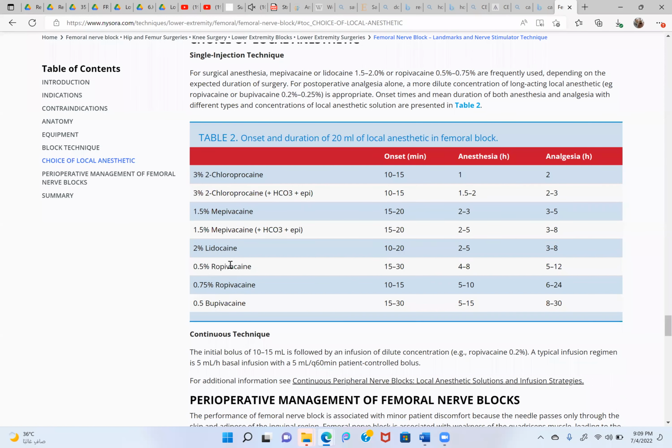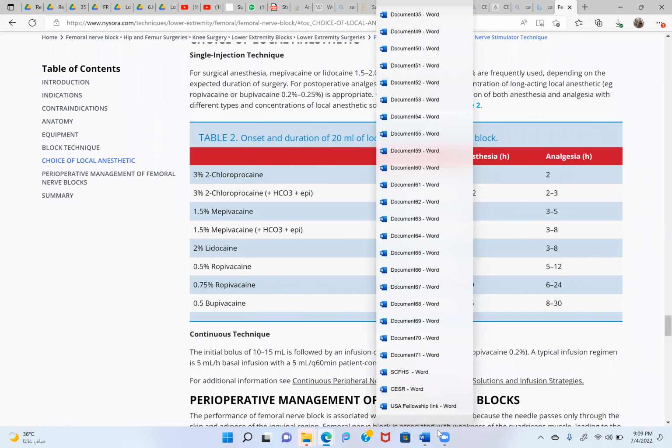What is the difference between ropivacaine and bupivacaine? They're structural isomers, but practically, what is the difference? Ropivacaine is less cardiotoxic, and there is a concept of differential block.